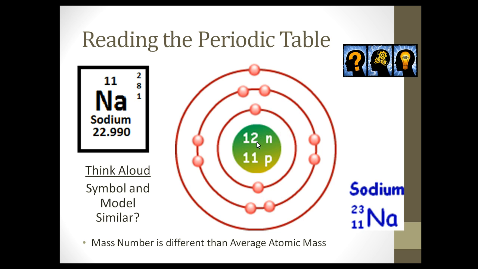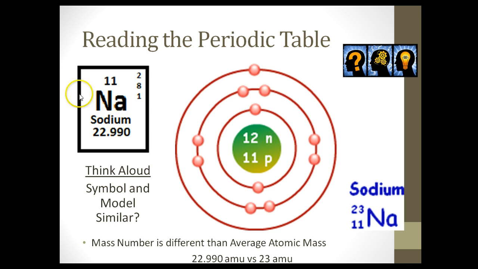Mass number is just for a single atom, how many protons plus neutrons there are, because these are the two subatomic particles of mass. Whereas average atomic mass is over the scope of all the isotopes of sodium. On average, if you had all those atoms together, the average mass would be 22.99. So they're really close for sodium. Typically, the most common isotope will be the average atomic mass rounded to its whole number. So 22.99 rounds up to 23.